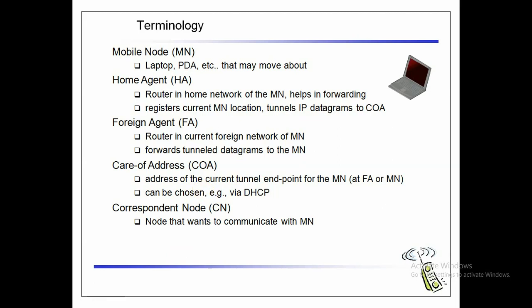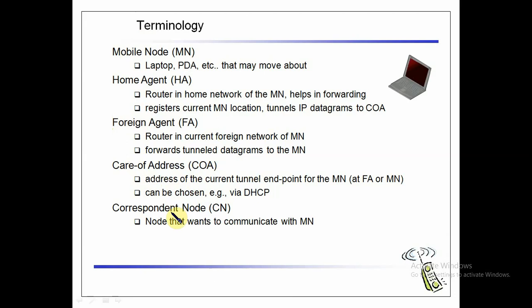The foreign agent care of address could be located at the foreign agent, that is, the care of address is an IP address of the foreign agent. The other one, the co-located COA, is when the mobile node temporarily acquires an additional IP address which acts as a care of address.